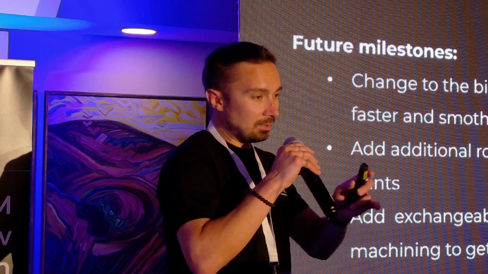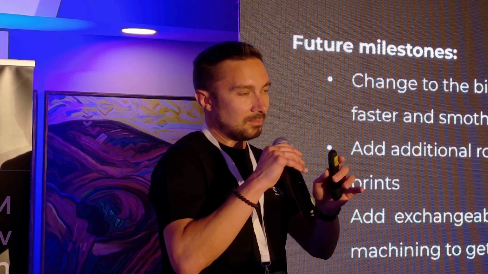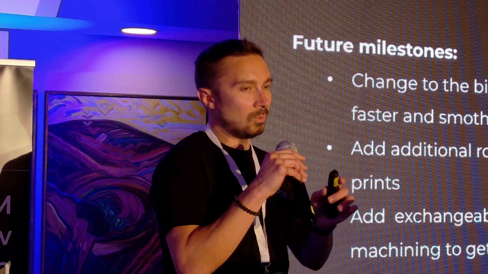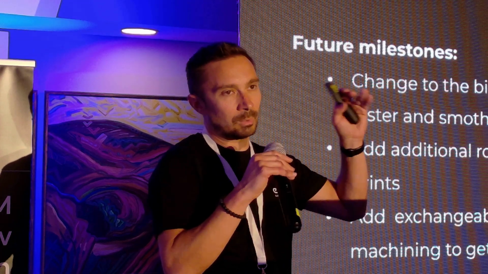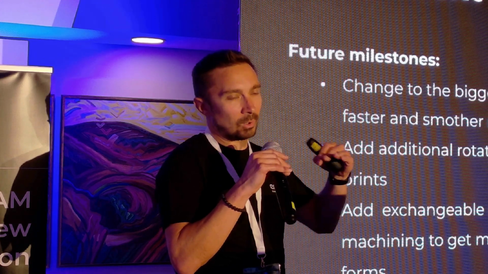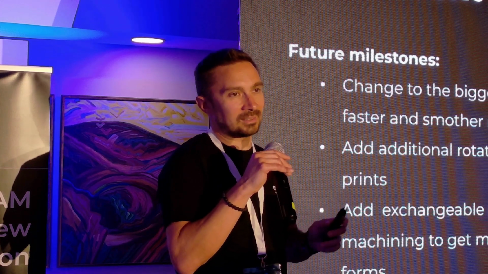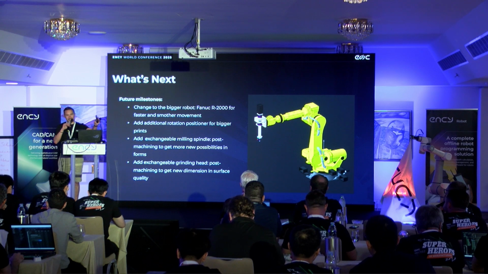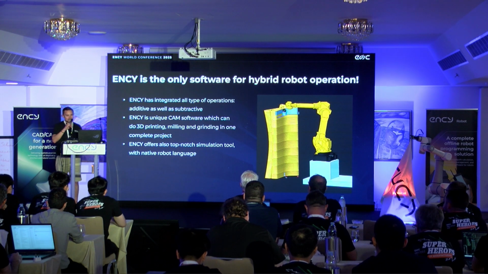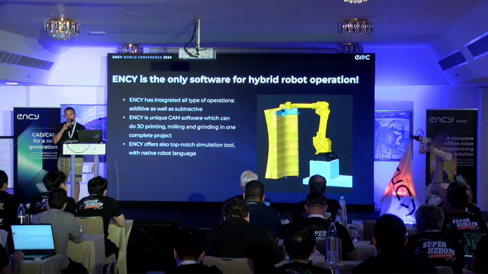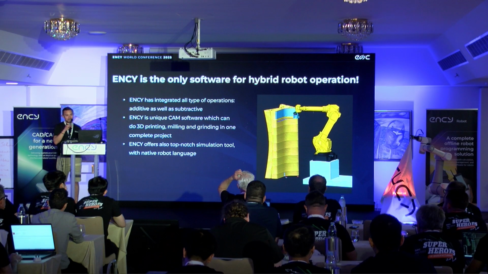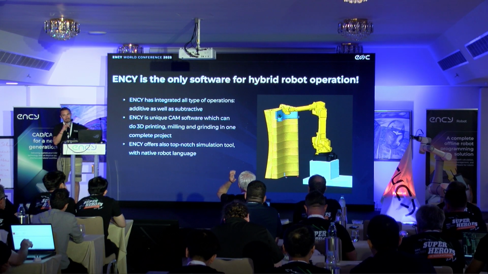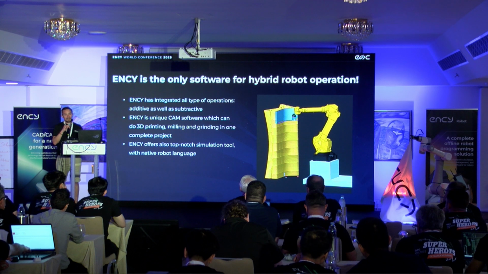It means we receive some more interesting forms, more interesting parts, and this technology is really in a very early stage. Practically nobody tried yet. Just some cases exist. So, ENCY, I think, is the only software which can do it. It means hybrid operation, 3D printing, and then milling or grinding existing parts.